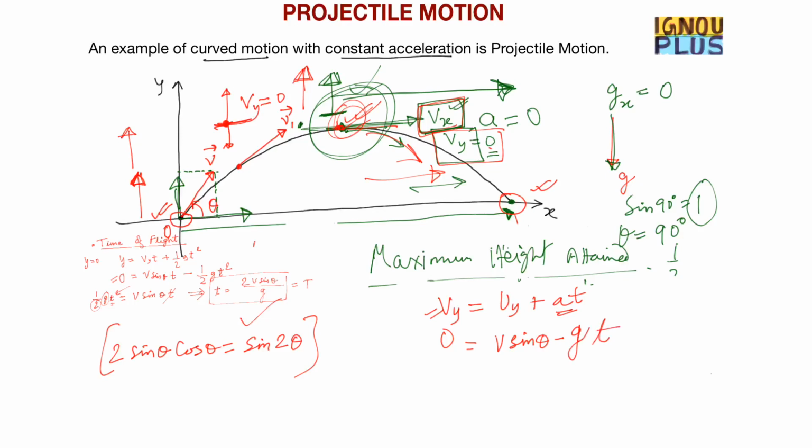So at the highest point we will have gt is equal to V sin theta, or t is equal to V sin theta by g, which is exactly half of the total time elapsed. We have learned that time of flight is 2V sin theta by g, and the duration of time when it reaches the highest point is V sin theta by g.